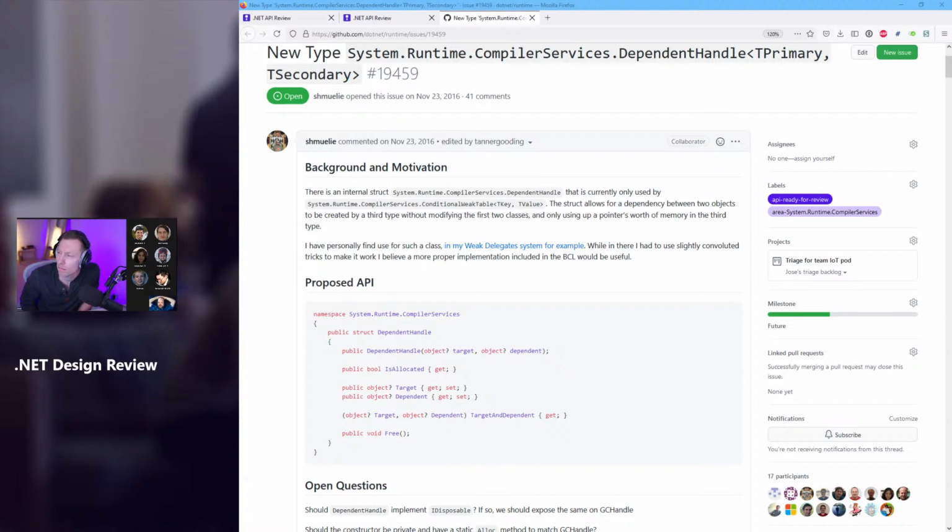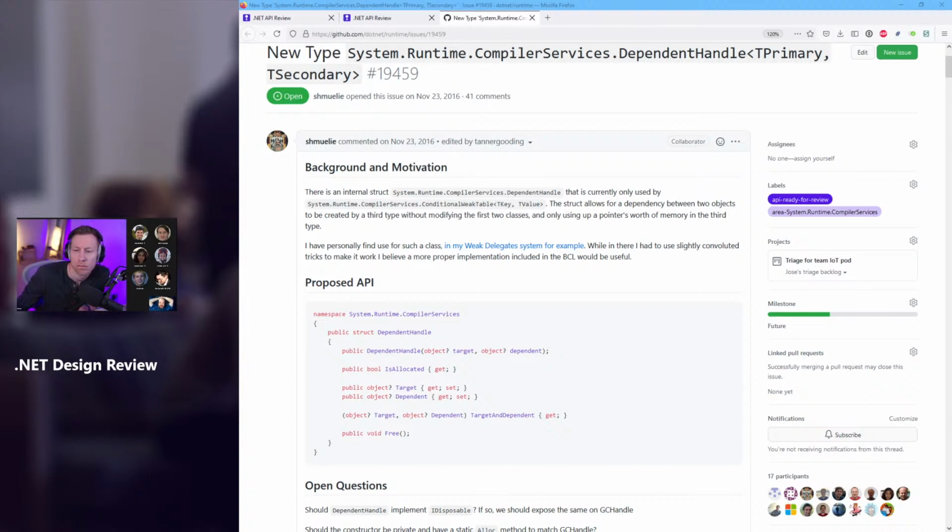Well, but conditional weak table uses this as an implementation. Right, and ideally we would expose this and then be able to continue using the exact type we're publicly exposing internally. Otherwise, we're kind of defeating the purpose of exposing this publicly.